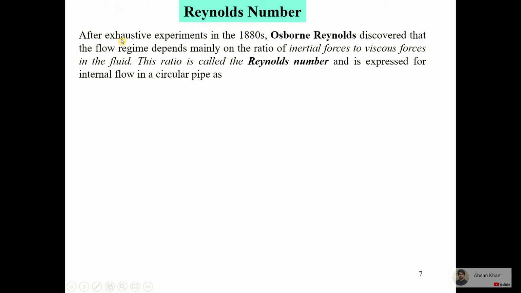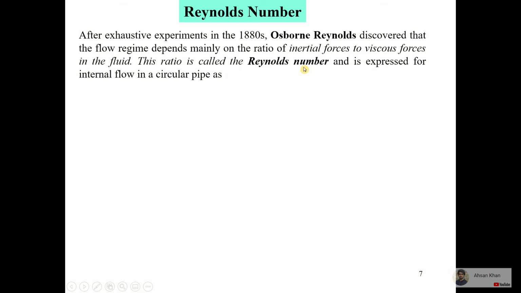Just for the explanation of Reynolds number, after exhaustive experiments in the 1880s, Osborne Reynolds discovered that the flow regime depends mainly on the ratio of inertial forces to the viscous forces in the fluid.